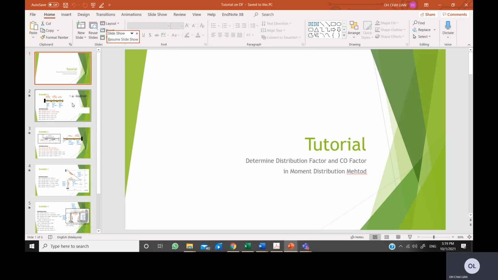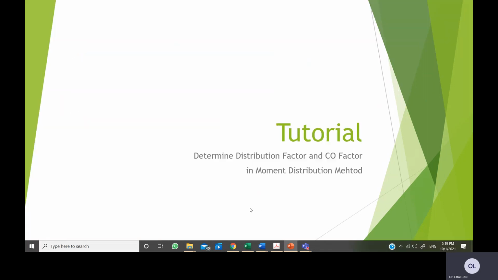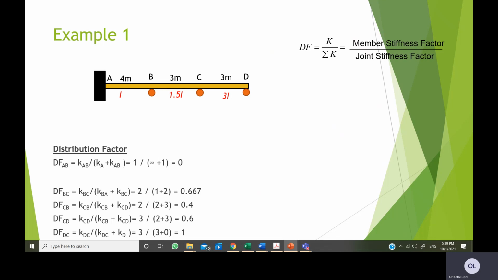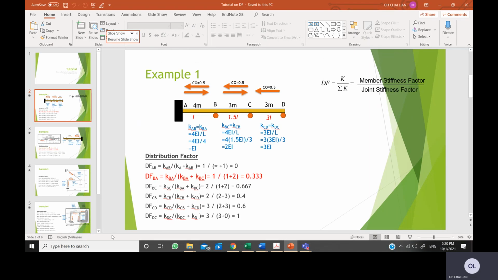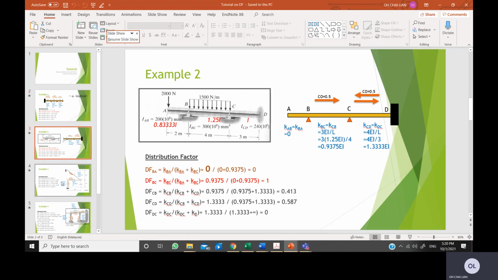In that tutorial, I've prepared several examples for you to practice how to determine the DF and how to draw the carryover path, and there are other cases.